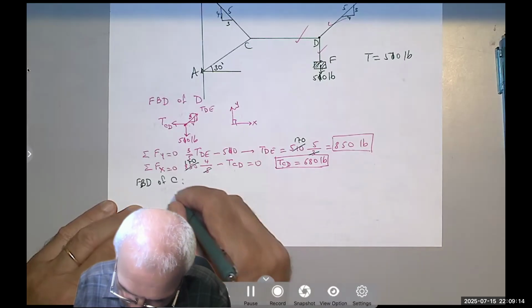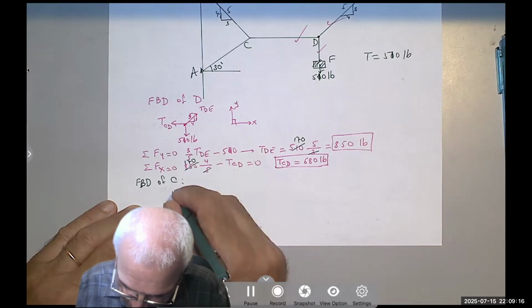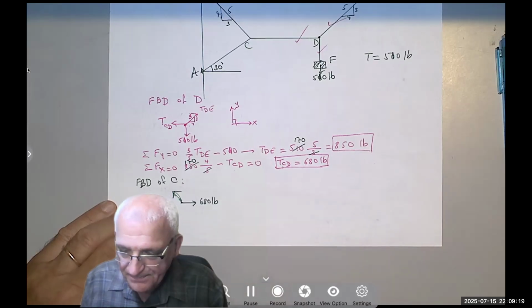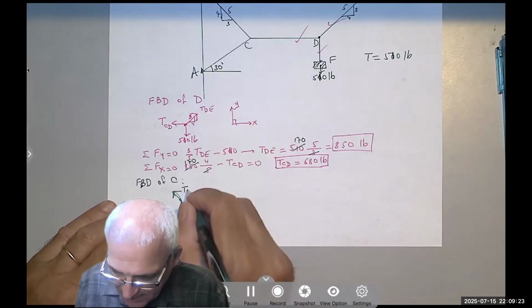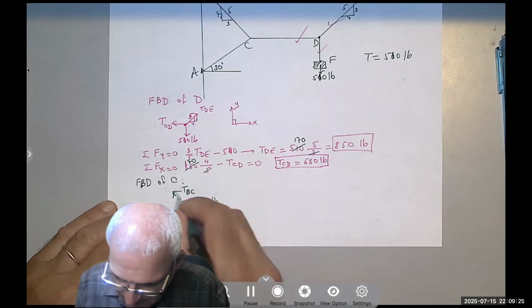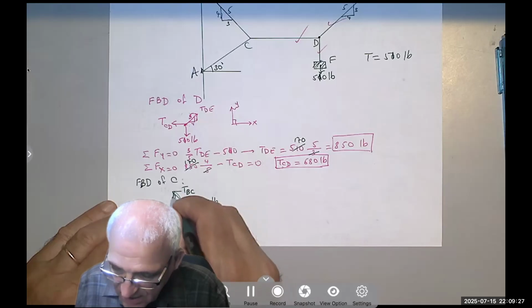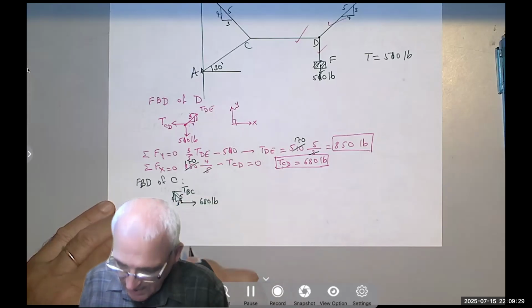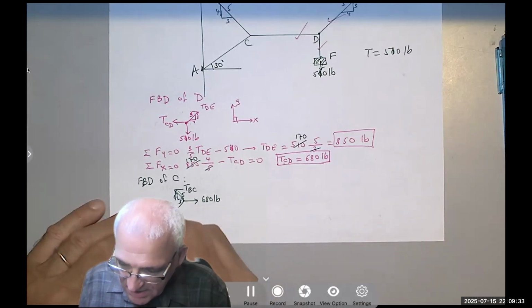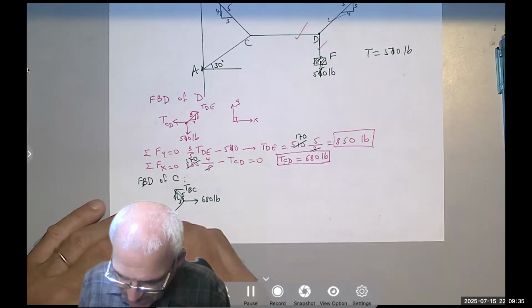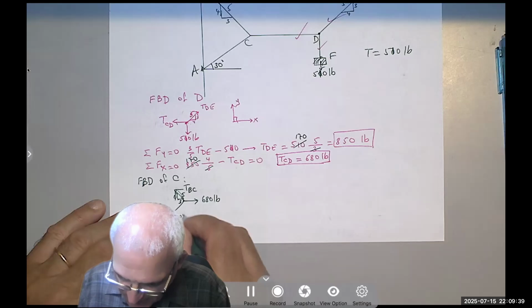I have a vertical force, notice tension, going up, TCB or BC, doesn't matter. And the slope here is 3, 4, 5. And then I have a force going down, TAC or CA, and this angle is 30 degrees, meaning that angle is 30 degrees, right?